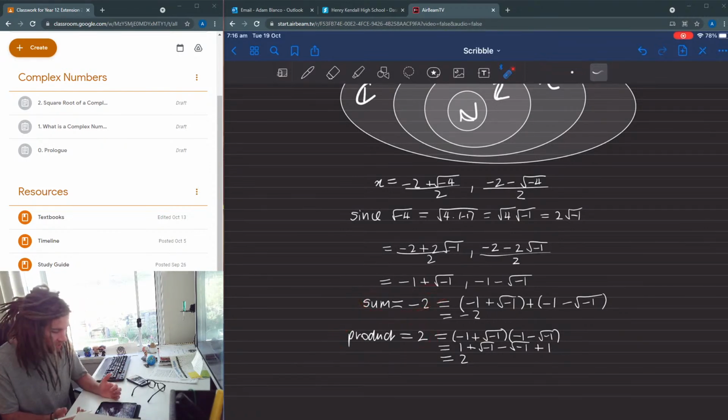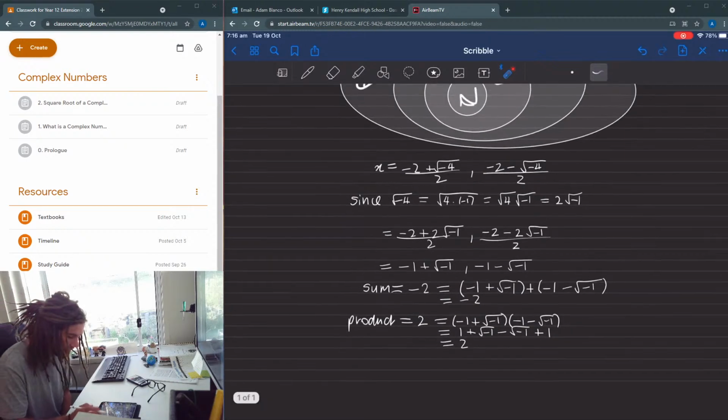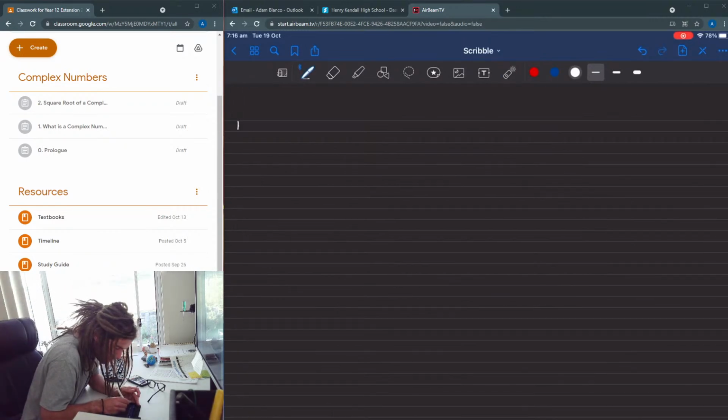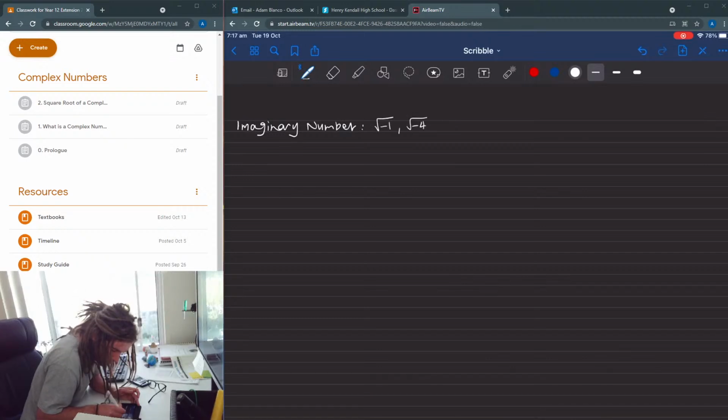So we're still able to find the sum and the product, given that I'm able to perform arithmetic with my root minus 1. That leads us to believe, well, does that mean I can actually use this root minus 1 to further our investigation? And we can. So this is where we start looking at imaginary numbers. An imaginary number is something like root minus 1, root minus 4, which we saw before, root minus 100.